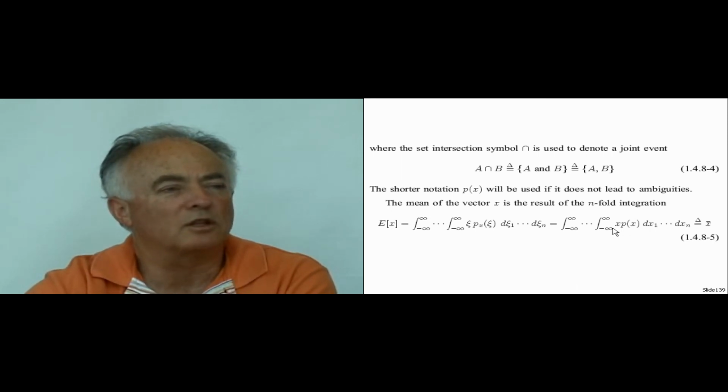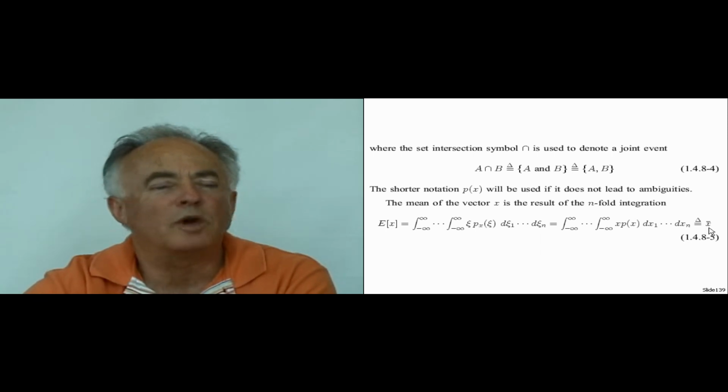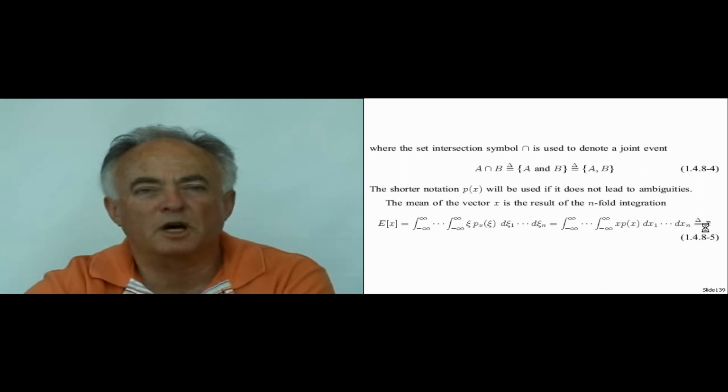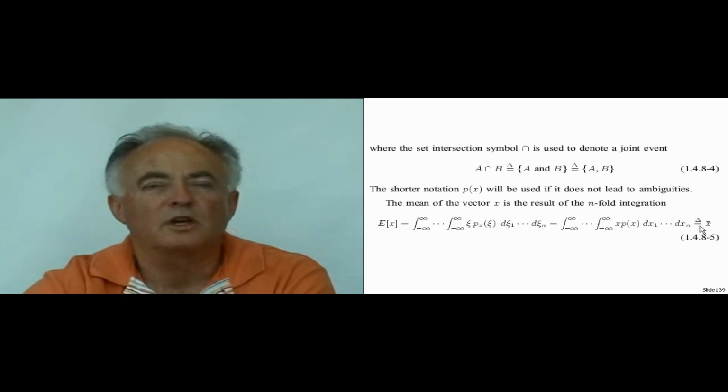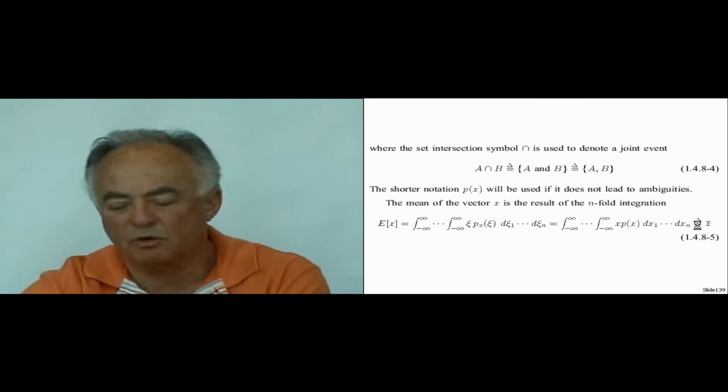Again, n integrals of x p(x), product of dx1 through dxn, and the final simplest way of denoting the result is, as before, x bar, and this is the mean of my vector x.